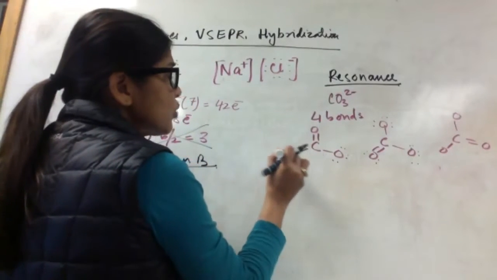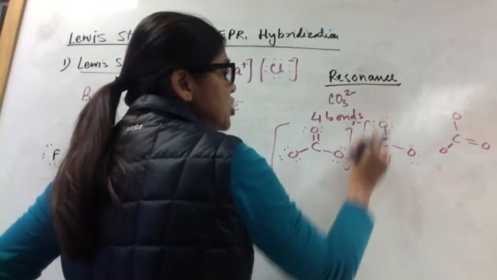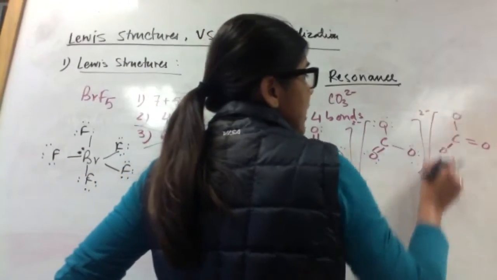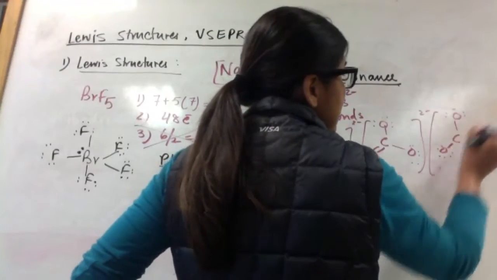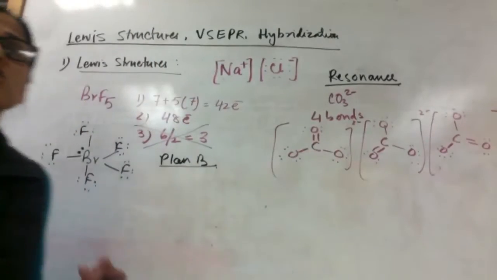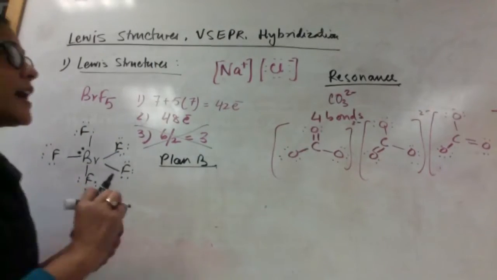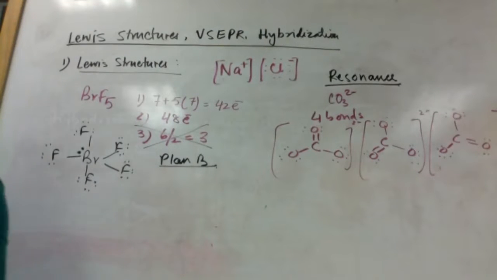In that case, what you do is use formal charge to figure out which is the best structure. And when you use formal charge, what you realize is that all of these are equivalent structures supported by formal charge, and such a phenomenon is called resonance. If an ion or a molecule shows resonance, you must draw all resonance structures.